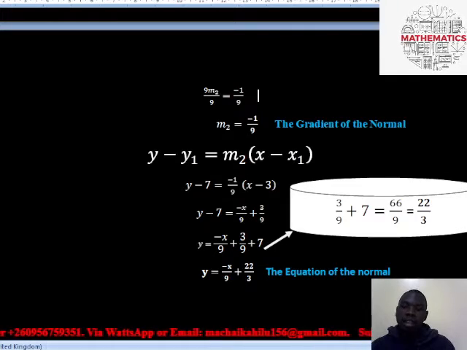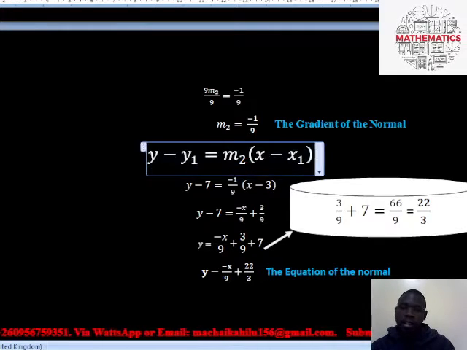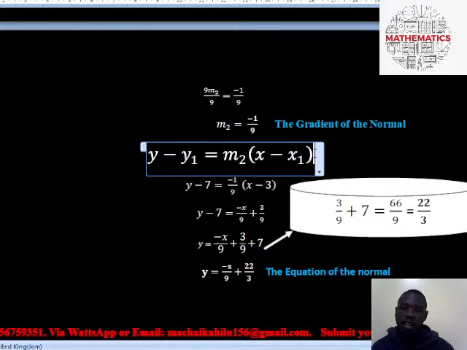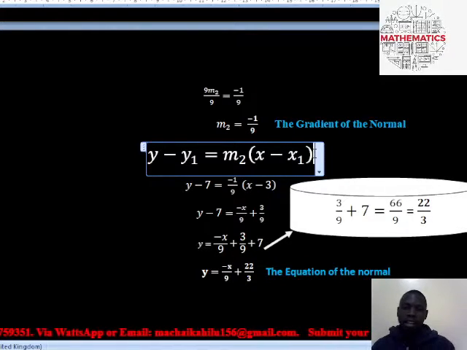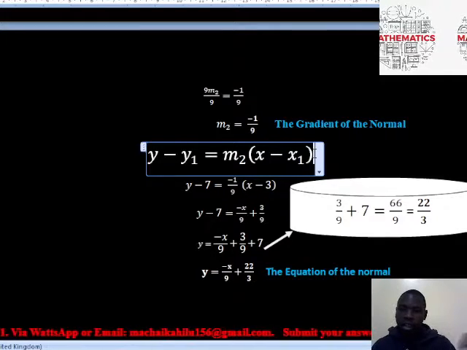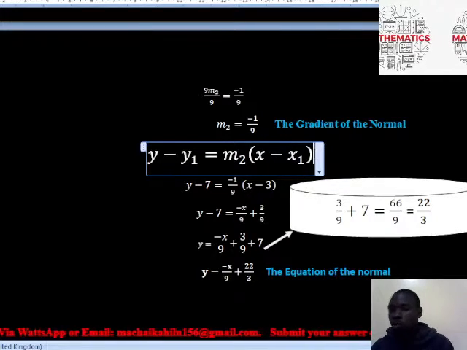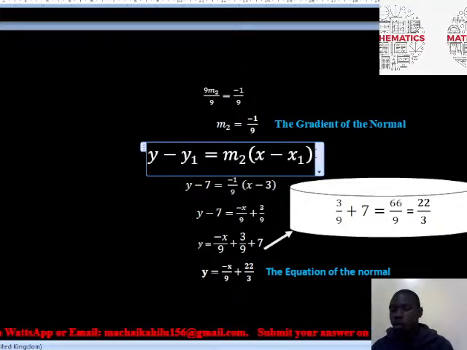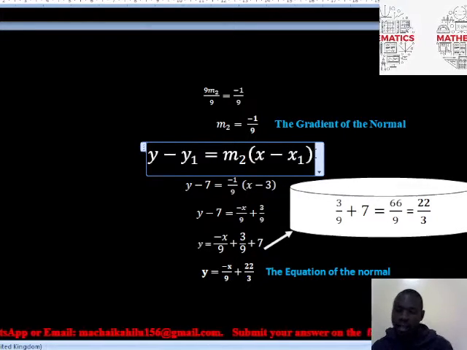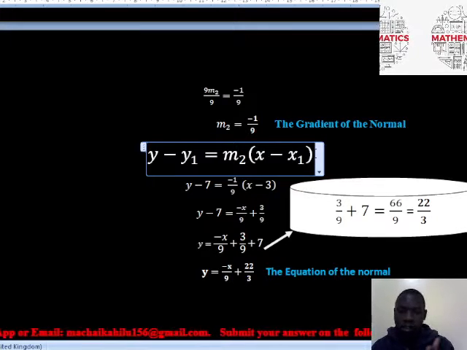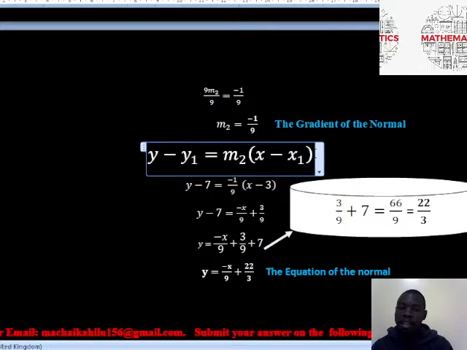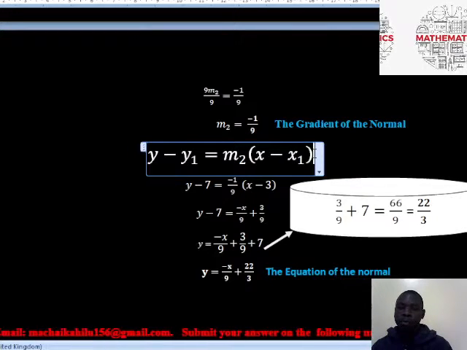The formula I'm talking about is y minus y1 is equal to m2. In the previous video, where there is m2, we just put m or m1 to represent the gradient of the tangent. But here there is m2, which means the gradient of the normal.